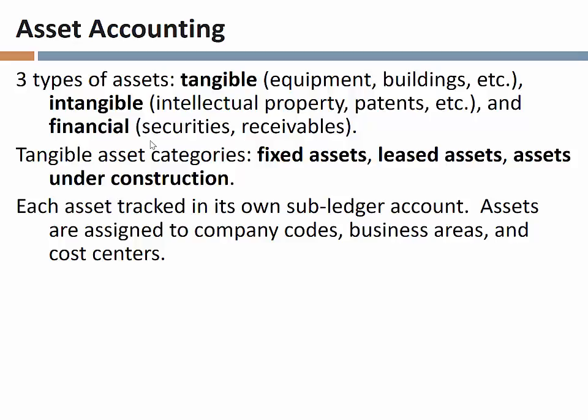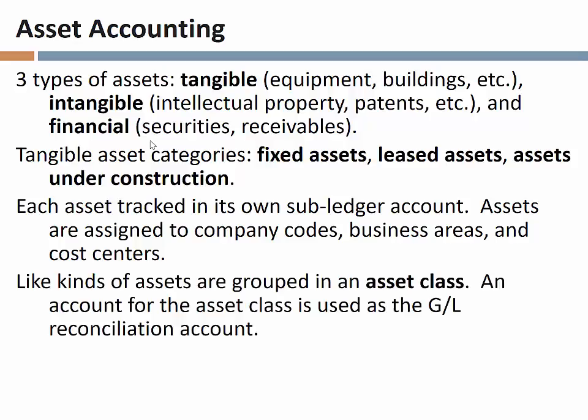Now, we don't want to, in a large organization, spend our time really focusing on every individual asset. You could imagine, for example, a large trucking company that might own over 100 semi-trucks. Well, it's going to get very, very tedious if we think of doing accounting in terms of every individual asset.